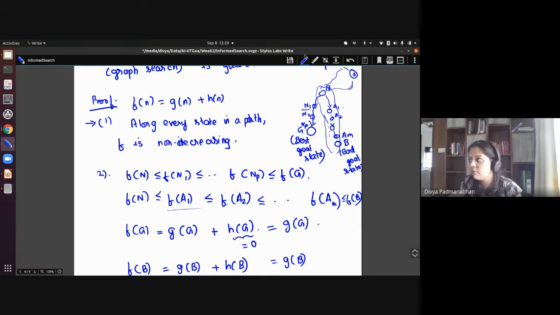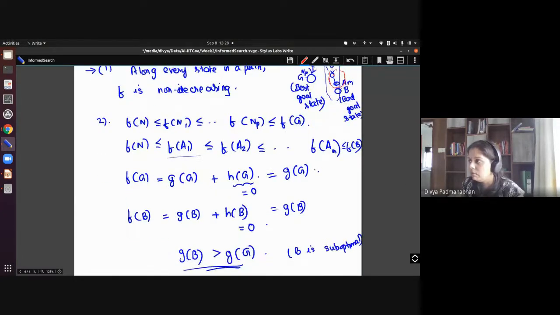So both these would have been in your queue, and somehow because a1 maybe had a lower f value, you started going along this path, all the way till here, and you reached till b. Now till am you went along, because suppose all of them were less than f of n1. But let's see what happens between f of n1 and f of b. So let's just look at these two.